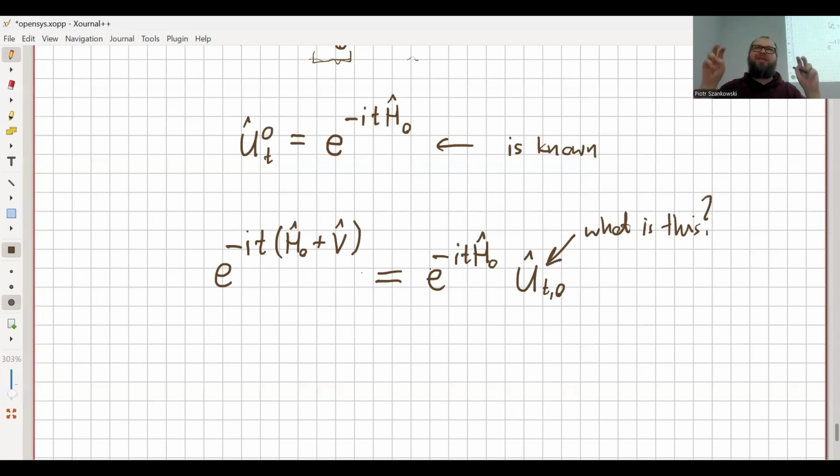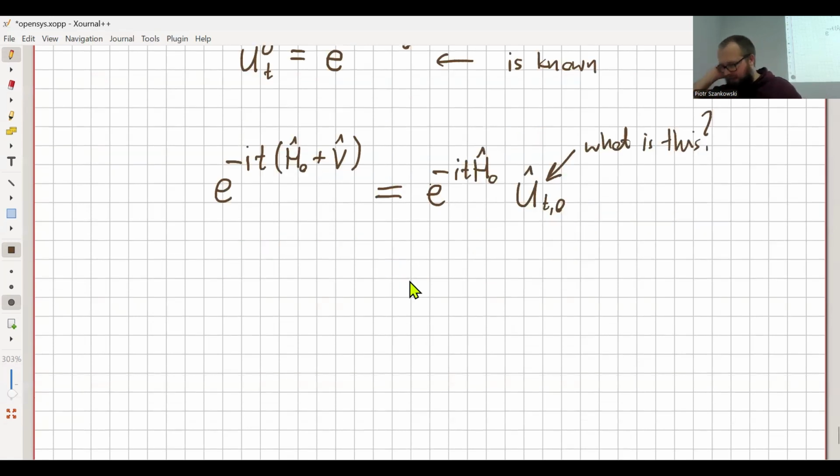The evolution operator in the interaction picture, as it is sometimes called.